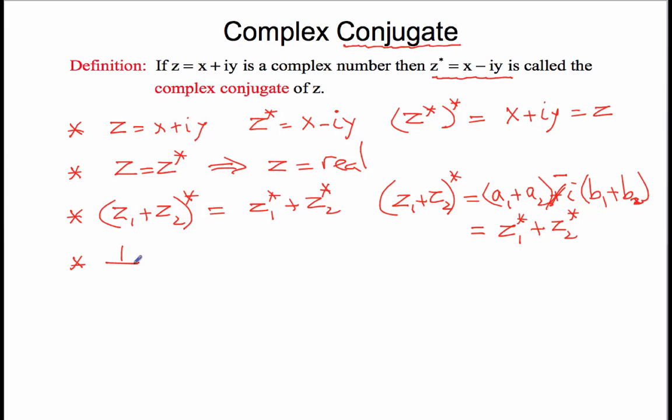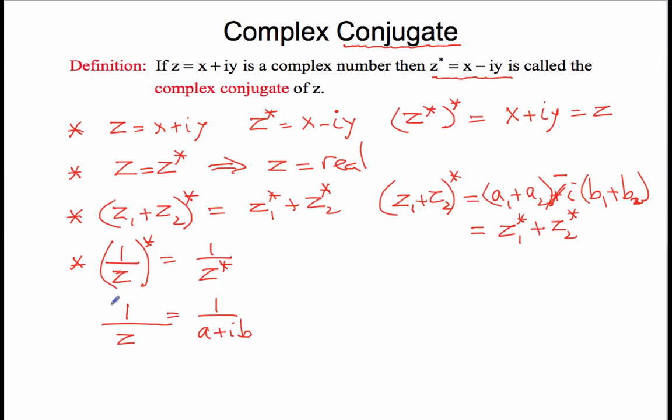It's equally trivial to show that if I have 1 over z and I take the complex conjugate of that, then that gives me 1 over z star. How do I do that? Easy, because I will write 1 over z first of all as 1 over a plus ib.